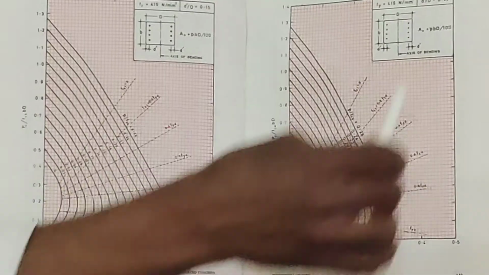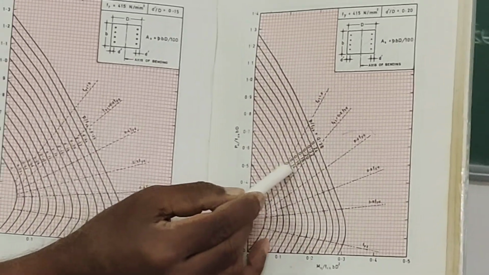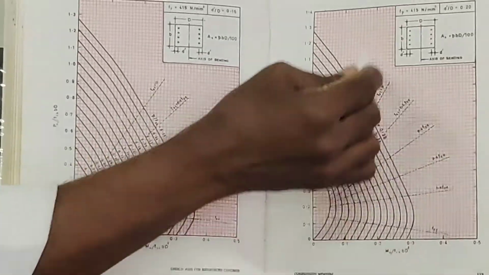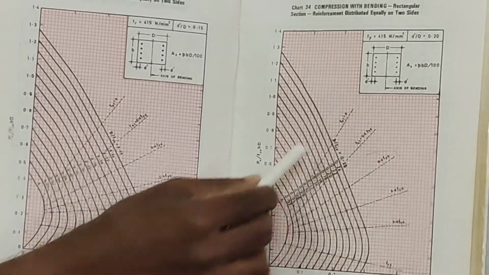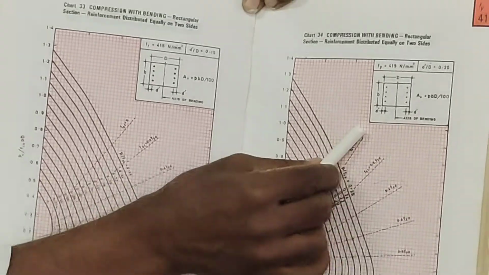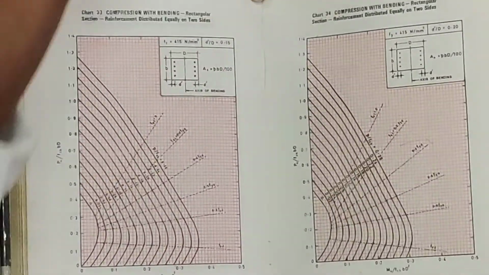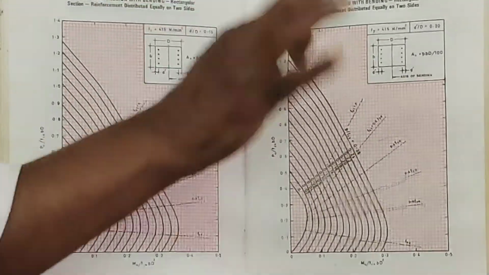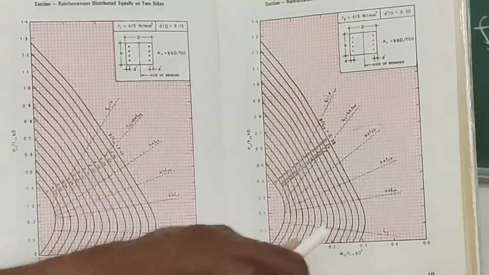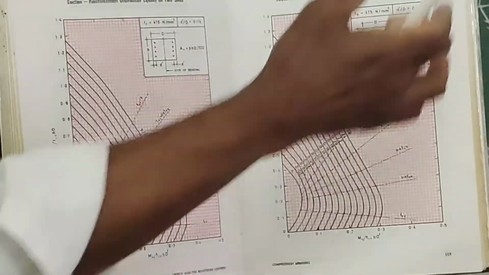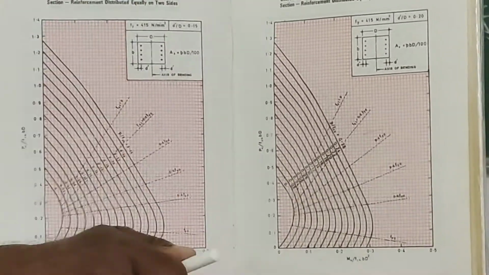While doing the design, if you find your point lies somewhere here, you can judge what the property of this particular column is. Here fst equal to 0 means that the entire section above this is completely under compression. No tension has been developed. At no point of time has any of the steel reinforcement reached its yield point.